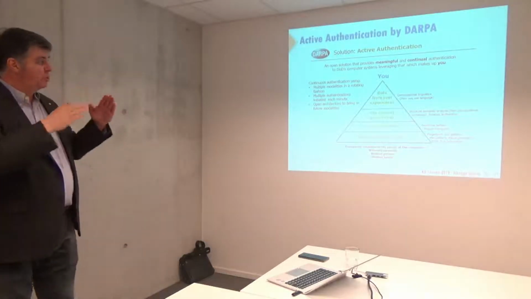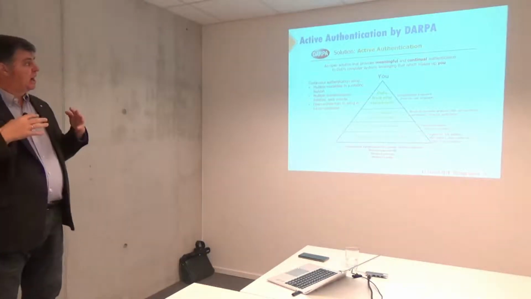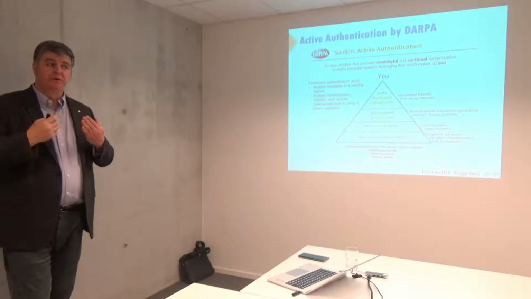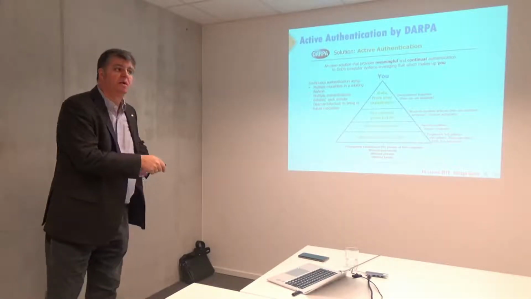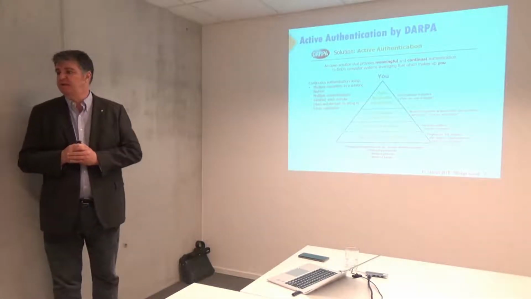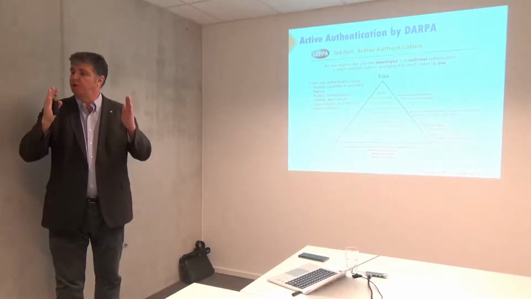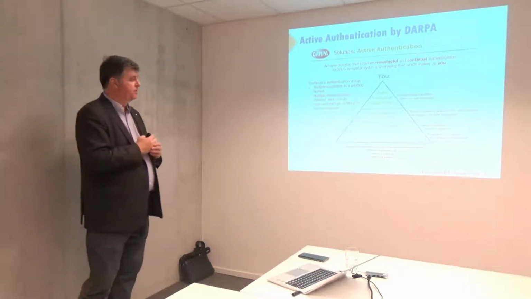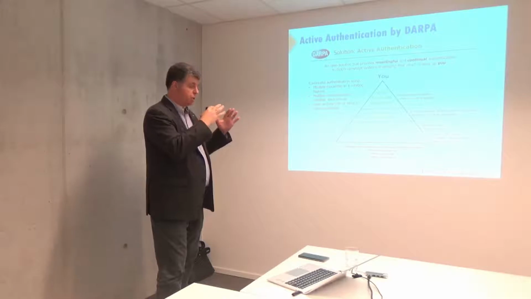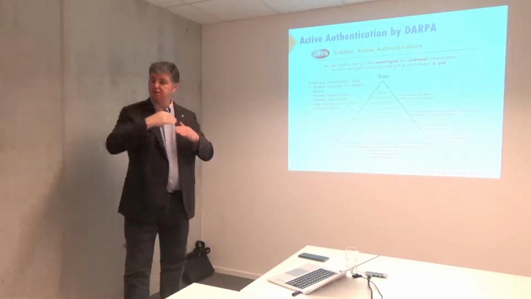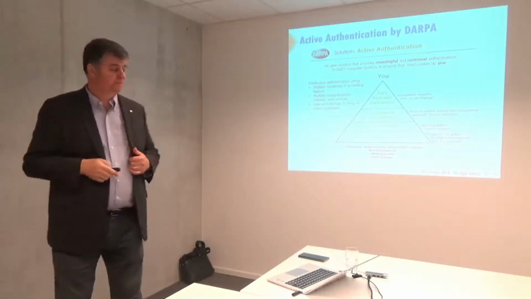To be able to authenticate from an active point of view is not only what is your physical aspect, but also your behavior, your context, and finally your experiences. You have to go through this kind of topics and of problems.